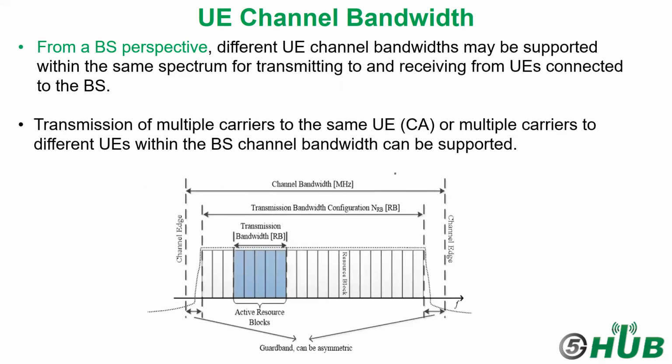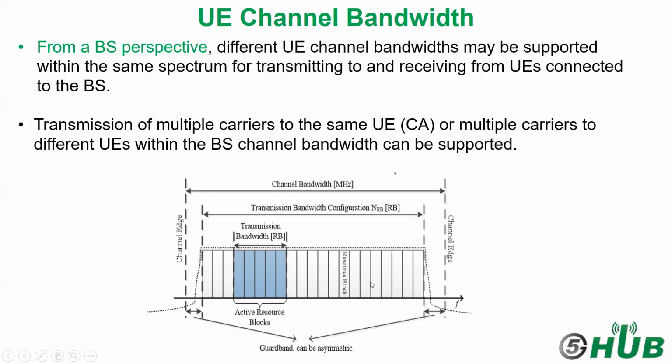The new radio base station is able to transmit to or receive from one or more user equipment bandwidth parts that are smaller than or equal to the number of carrier resource blocks on one RF carrier.